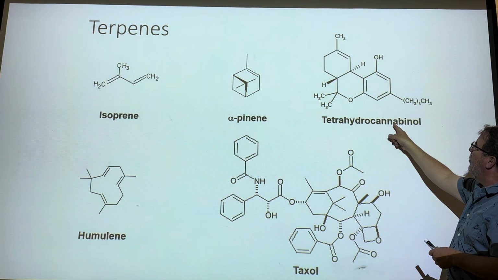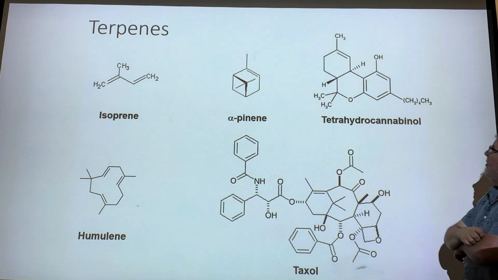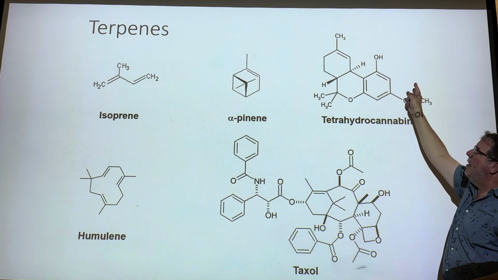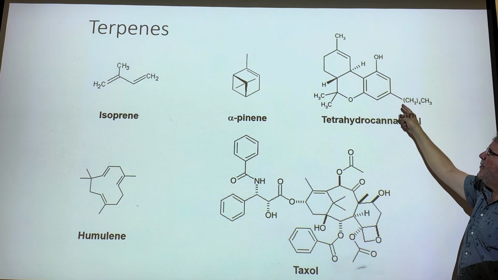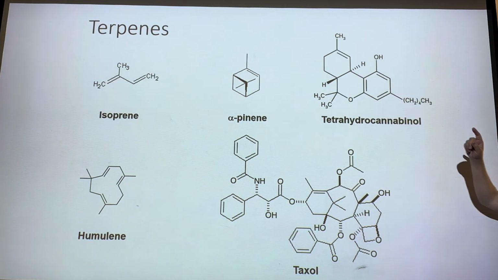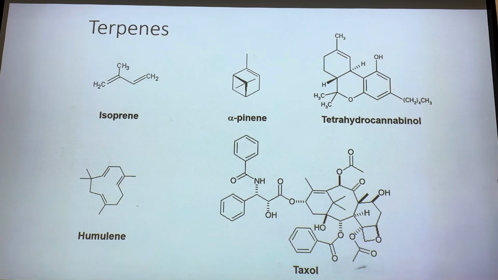Here is tetrahydrocannabinol, so this is the THC. There's a carboxylic acid that's actually made before this. So this is a sesquiterpene in here. In order to make the tetrahydrocannabinol, there's a non-enzymatic decarboxylation that happens with heat, right?